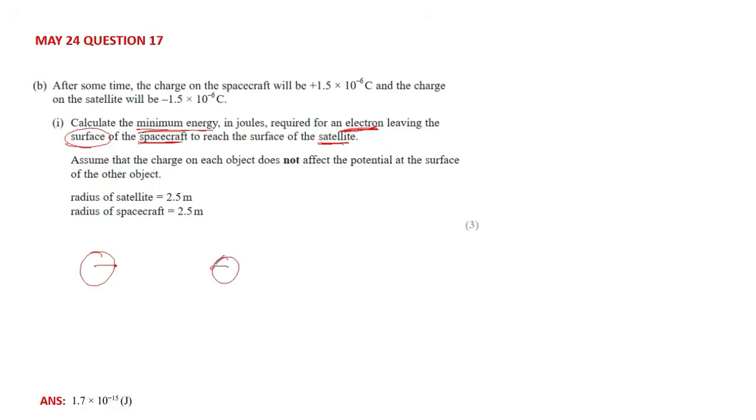And what is the electric potential at the surface of the satellite? So for this, you find out V for this one equals kq by r, and this is the r, radius of the satellite.